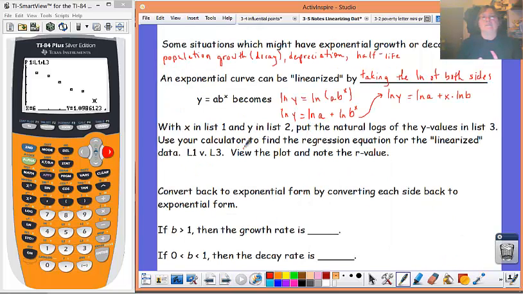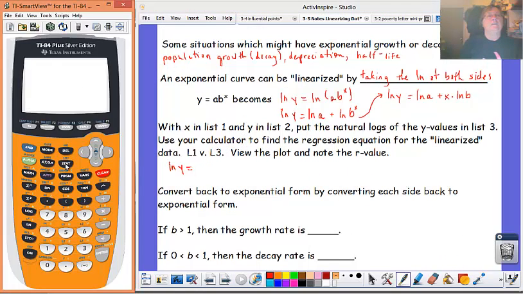All right, so we've looked at the plot. We need to find that regression equation, stat and calc, and I'm going to choose this time not number 4 but the other linear model, because that looks more like what we have written up here, constant plus b times x, and that is a linear regression. So here's our stuff.